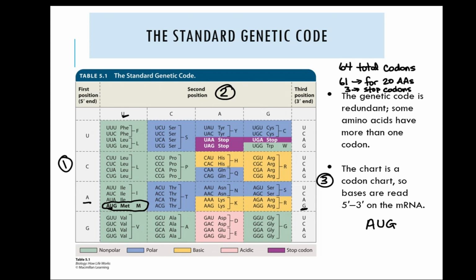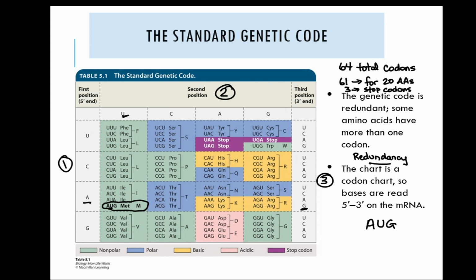You'll notice that a lot of amino acids, in fact the majority of them, have more than one codon. This is something called redundancy. We don't have just redundancy in the genetic code; we have a lot of redundancy in the cell in the important mechanisms.